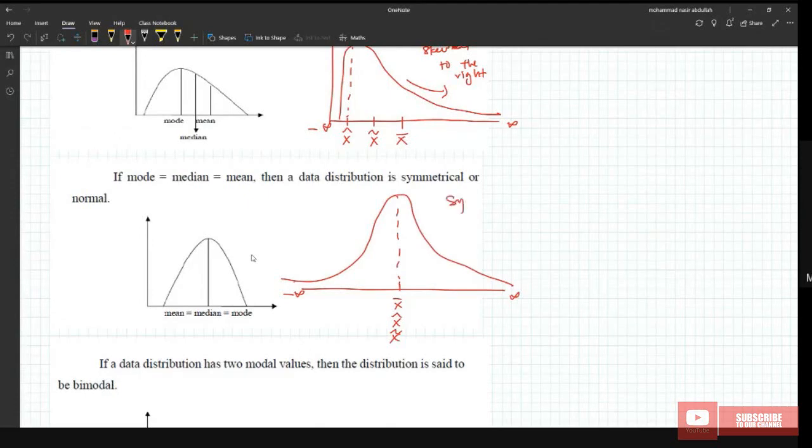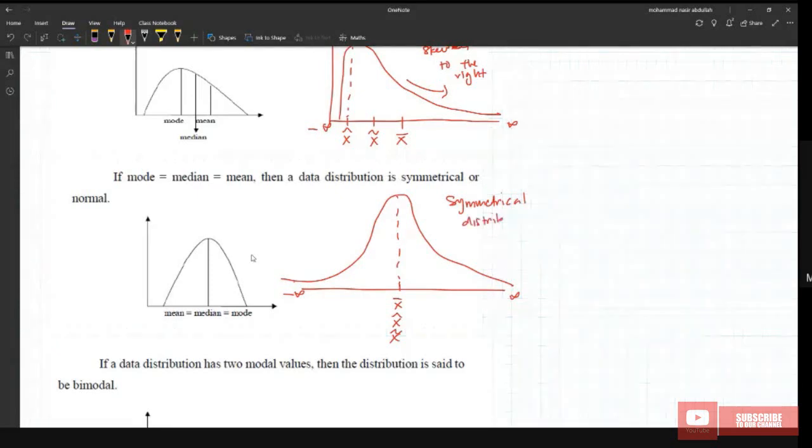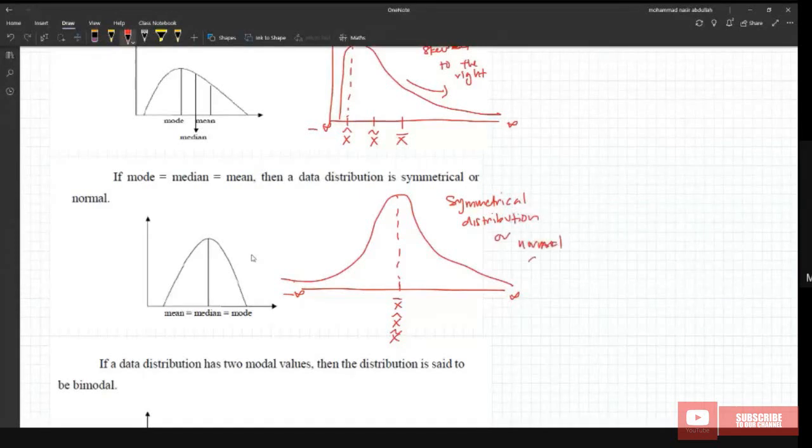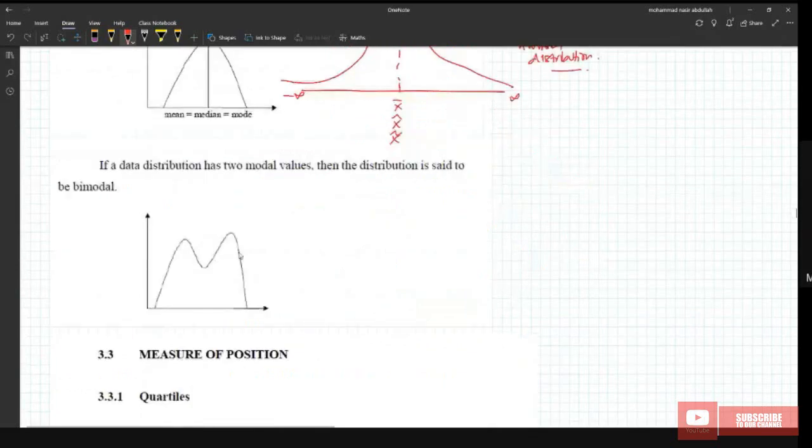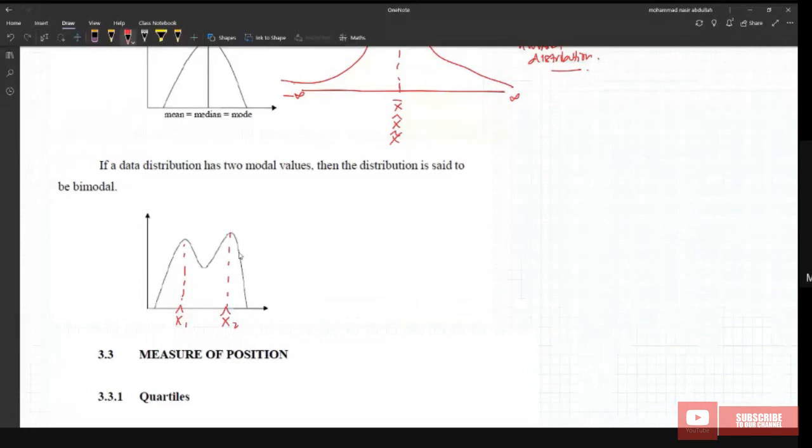Symmetrical distribution, or normal distribution. Right? If you have two modal values, so this is mode number 1, mode number 2. So this is what we call a bimodal distribution. Right.